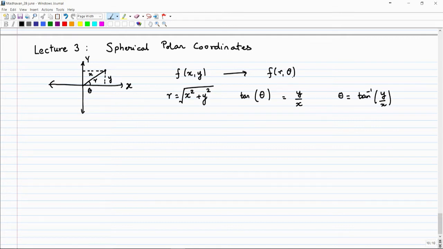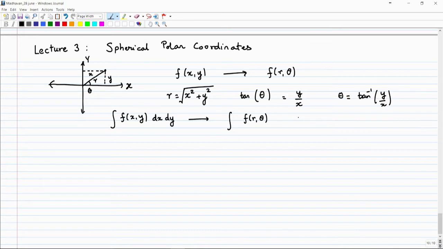So any function of x y is written as a function of r theta, and this turns out to be extremely useful. Very often we do integrals. So when you are doing a two dimensional integral, integral f of x y dx dy, this is actually equal to integral f of r theta. Now instead of dx dy, you have to convert to dr d theta.